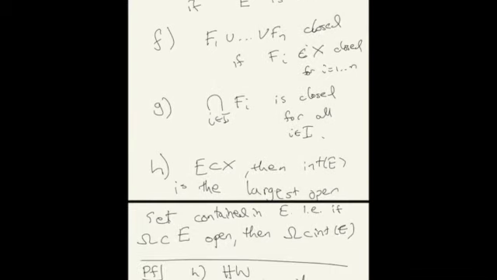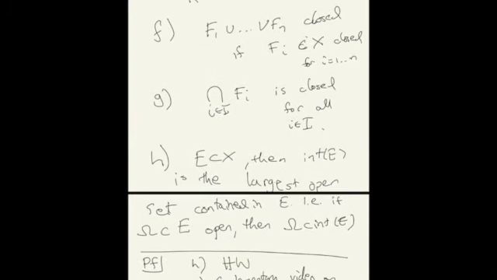And finally, there's a nice characterization in this theorem of the interior of a set. Like the closure, the interior has a meaning in terms of open sets. The interior is the largest open set contained in E. So if you have another open set, omega, which is a subset of E, then omega is contained in the interior.